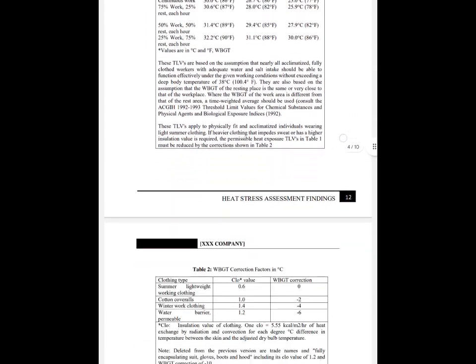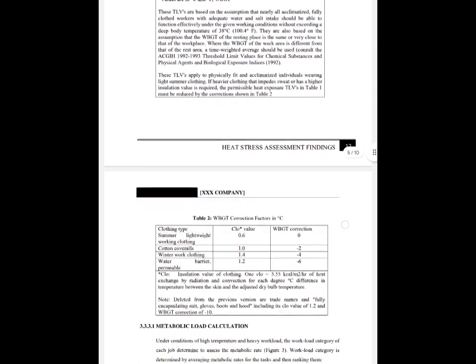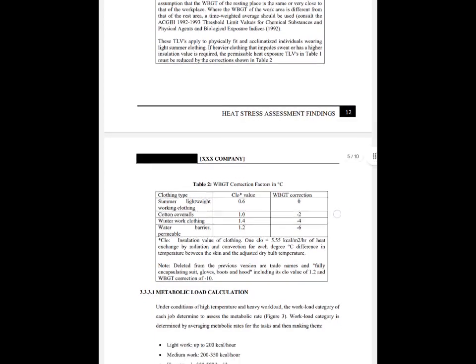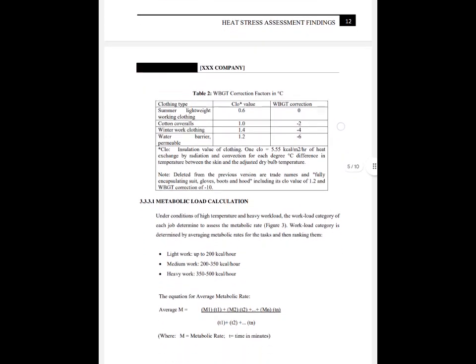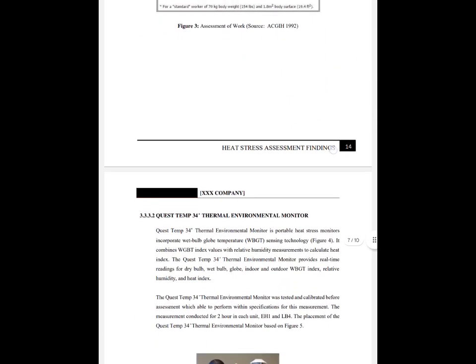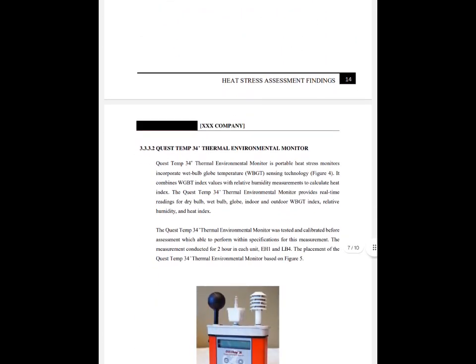Okay, and then they also use WBGT corrections, based on the clothing type to adjust the WBGT, and also metabolic load calculations. Then for equipment, they are using a Questemp 34 thermal environmental monitor, which is incorporated with WBGT sensors.